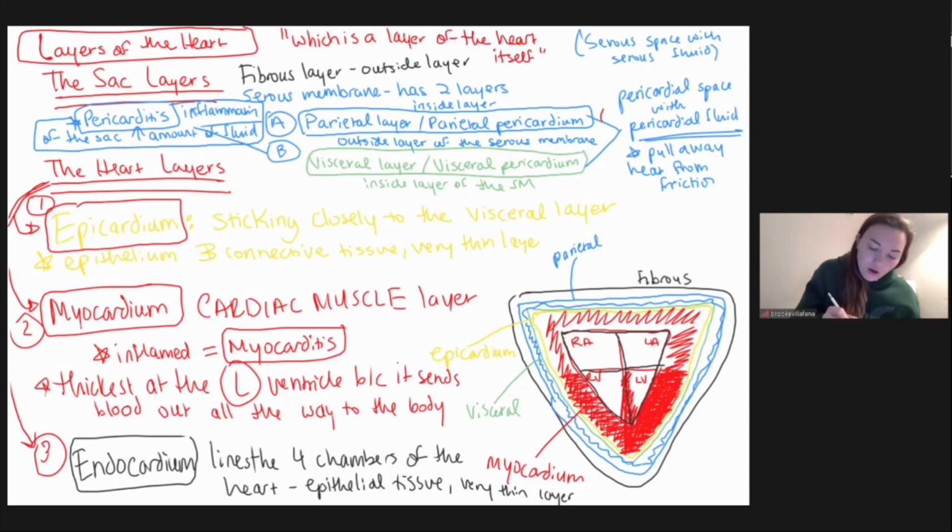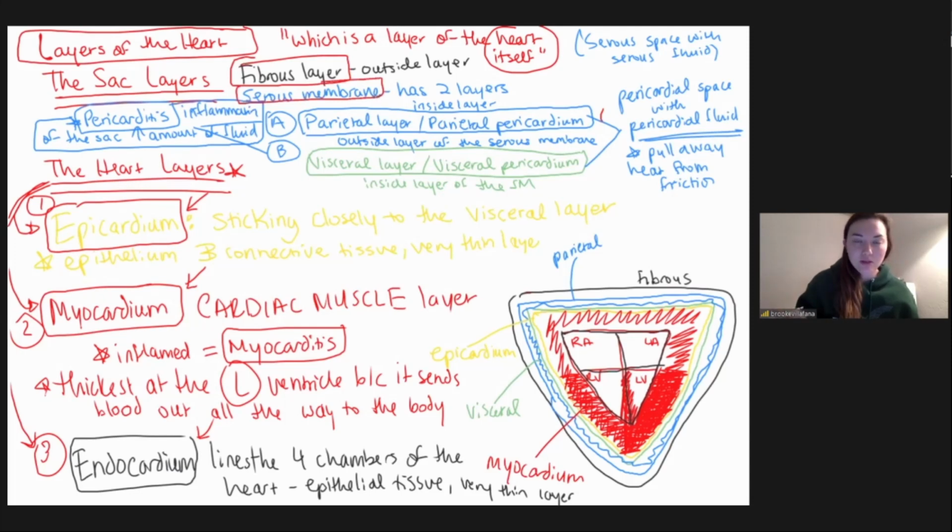So if it says heart itself, it's looking for the heart layers here: epicardium, myocardium, endocardium. If it says which is a layer of the sac, you would be looking for fibrous, serous, parietal, and visceral. Does that make sense? So which of these is not a layer of the heart itself would be the sac. Which of these is a layer of the heart itself would be one of the cardiums. Does that make sense to everybody?